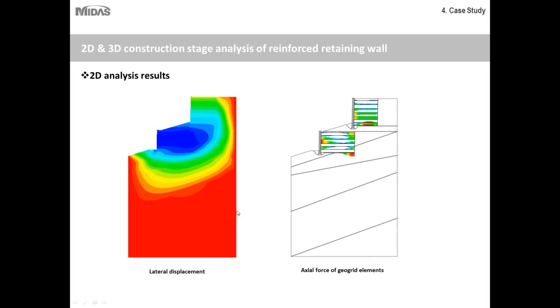Then from the 2D analysis, they were able to investigate where exactly, or to what length, they should apply these reinforcement members, and they were able to see the forces that are developing, and they were in line with what they were expecting. Also, they were able to capture the lateral deformation more clearly.